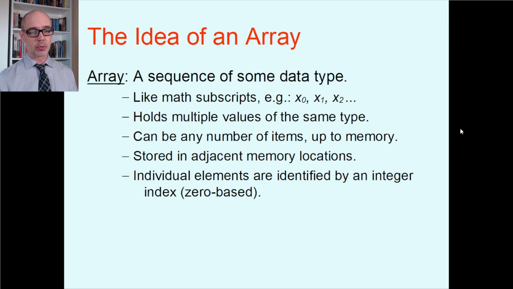So when you make an array in C++ or any other programming language, it's all going to be a whole bunch of values of the same type. So it's going to be a whole bunch of integers, or a whole bunch of characters, or it could be a whole bunch of strings, but you can't mix and match different types in the same array. Having done that, again, with just one line of code that we're going to see in the next slide, you can have any number of items you want up to the limits of your memory.